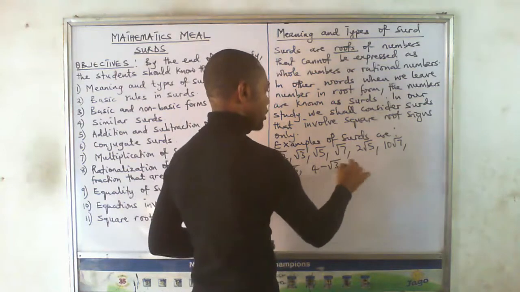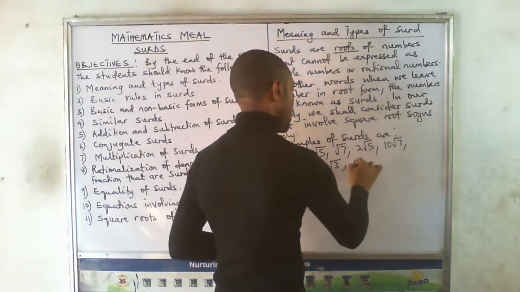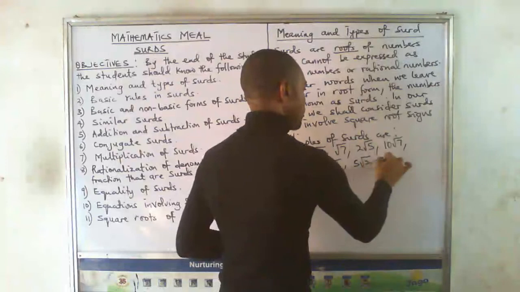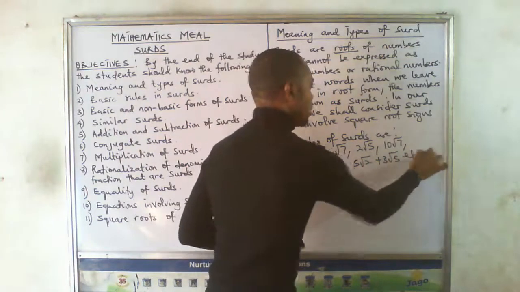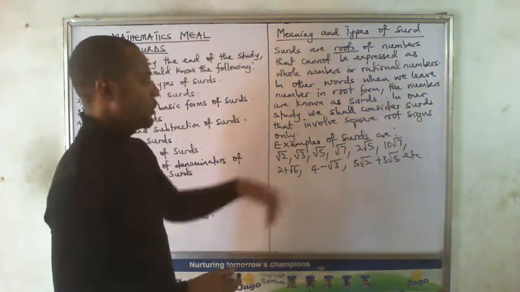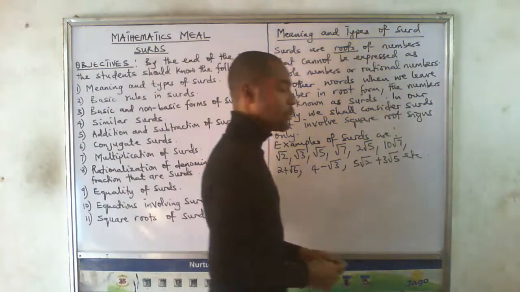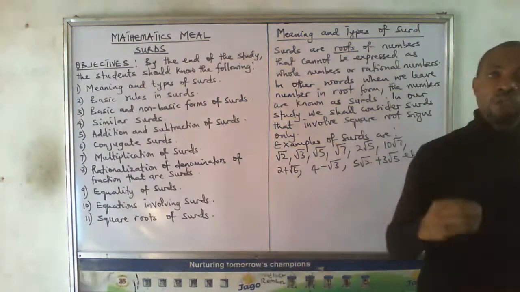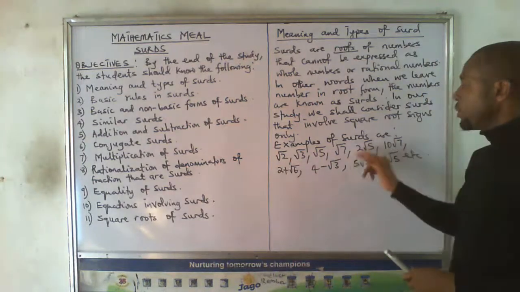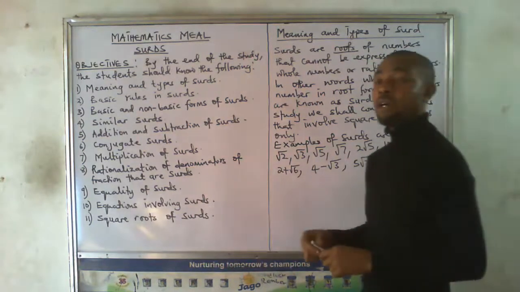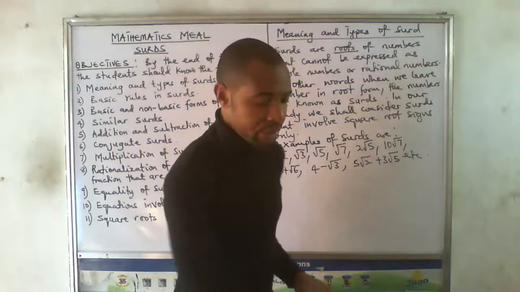We can also have 5 root 2 plus 3 root 5, etc. Okay, all these are surds. Now, the square root terms in surd are known as what? Radicals.